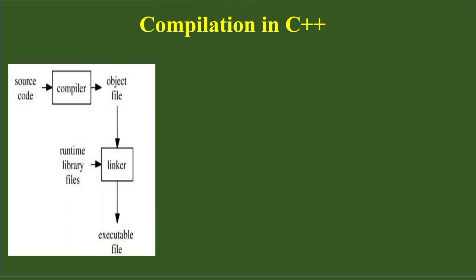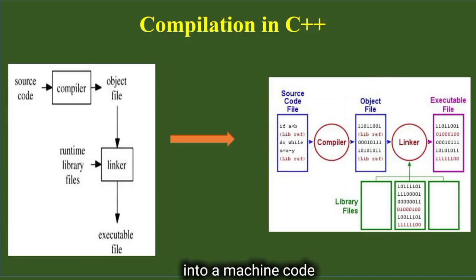So we'll look at now compilation in C++. Okay? So when I say compilation in C++, this is the process where we'll see how human readable code is translated into what? Into machine code, and what are the processes that are involved.